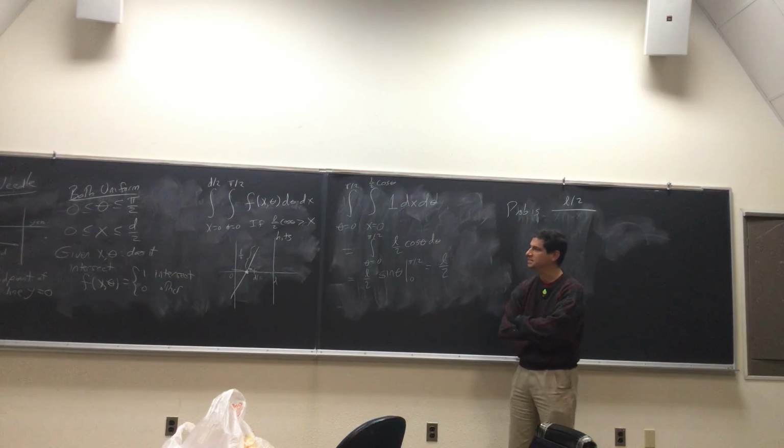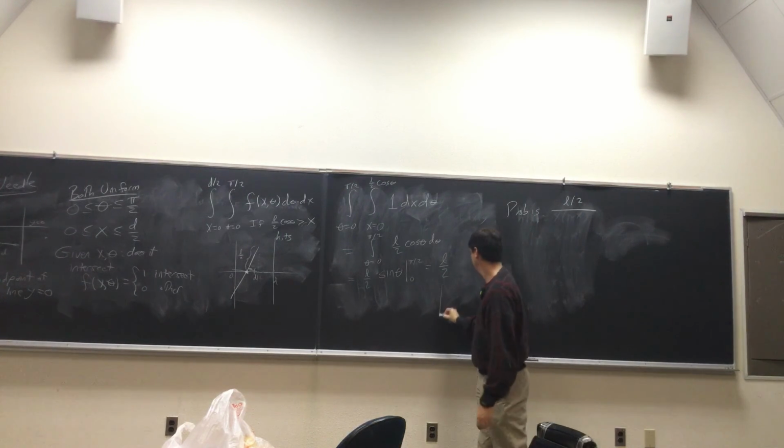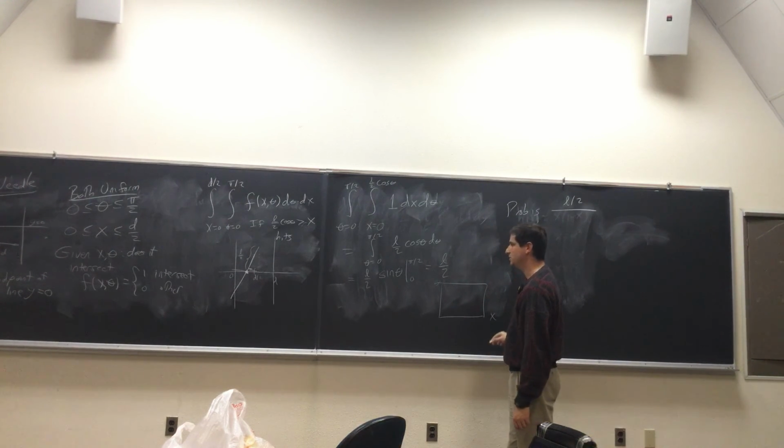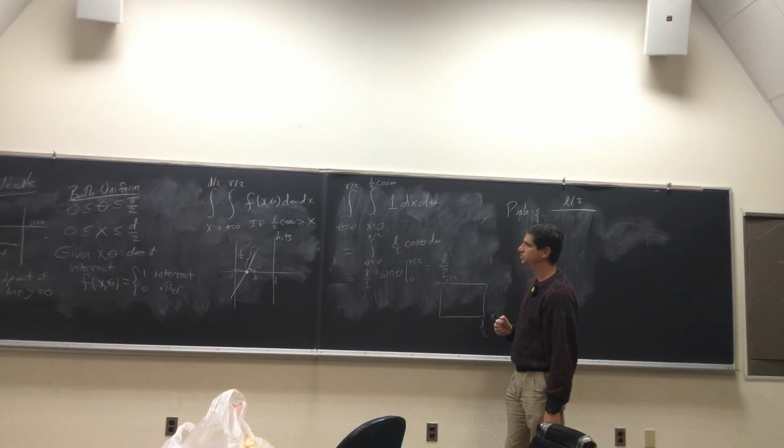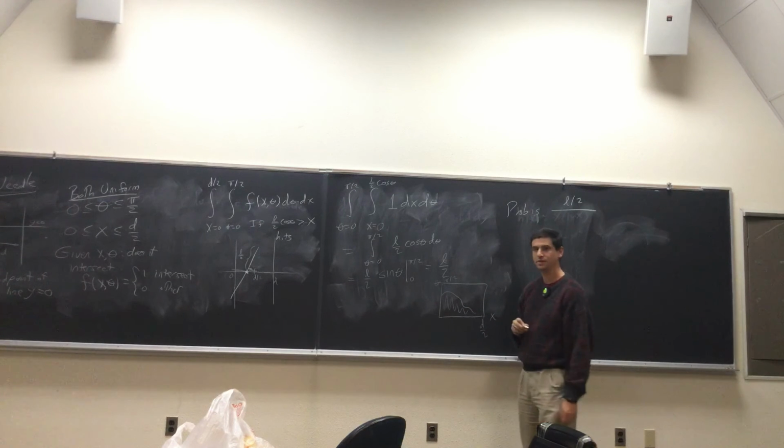What's the shape of my x theta region? Well, it's a rectangle. So if I put x down here and theta down here, x goes all the way up to d over 2, theta goes all the way up to pi over 2, and then I have the curve, x is less than or equal to L cosine theta. I've got something in here. I don't care exactly what it looks like.